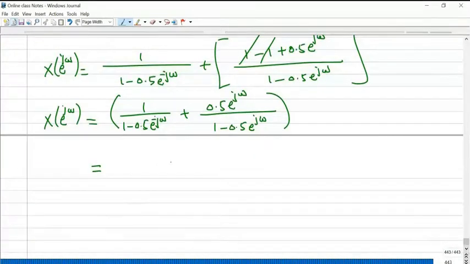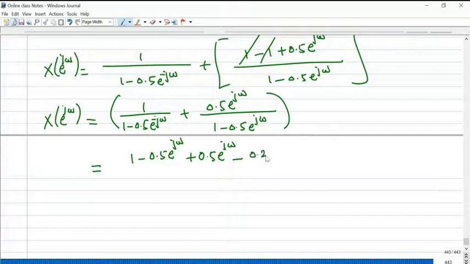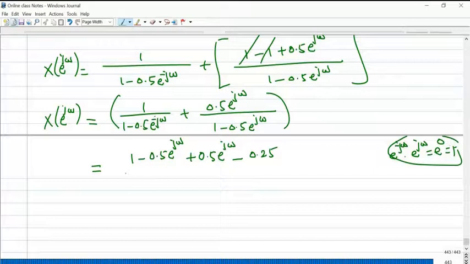So let us do that. 1 times 1 minus 0.5 e power j omega, plus 1 into 0.5 e power j omega. Next, minus 0.5 times 0.5, so minus 0.25 e power minus j omega dot e power j omega, e power 0, that is 1.